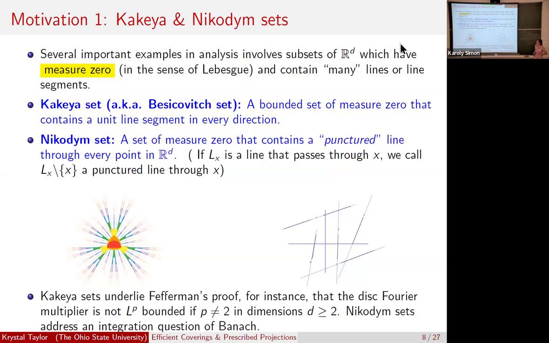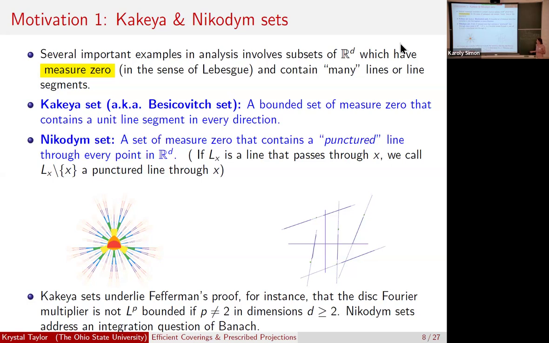But they have measure 0. While Nikodym sets contain lots of lines in the sense that they contain a punctured line through every single point in the plane. Okay, so a Nikodym set is a set of measure 0 that contains the so-called punctured line through every point in R^d. So if L_x is the line that passes through x, we call that line minus x a punctured line through x.